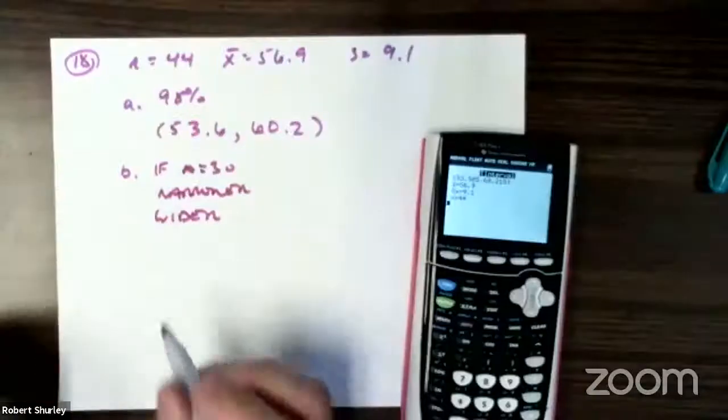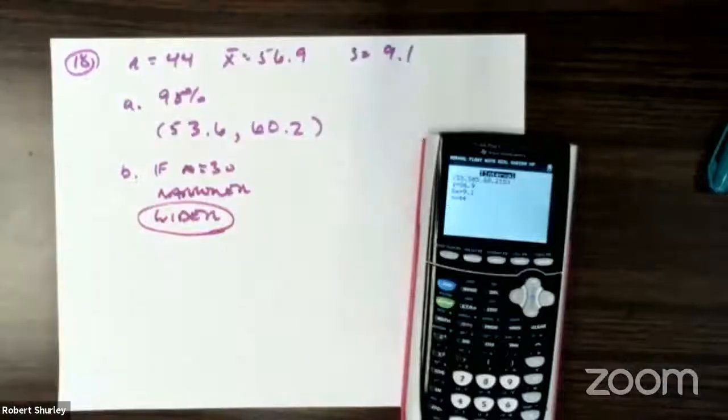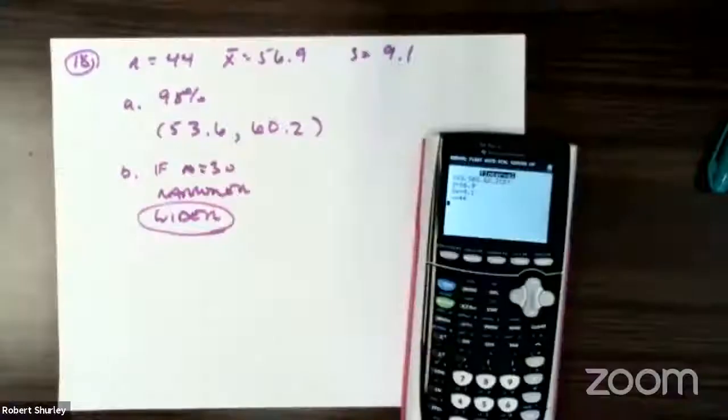Why? Because the sample is lower than the other sample. And with a lower sample, you're going to have a wider interval to catch it. Yeah, that's exactly right. Great.